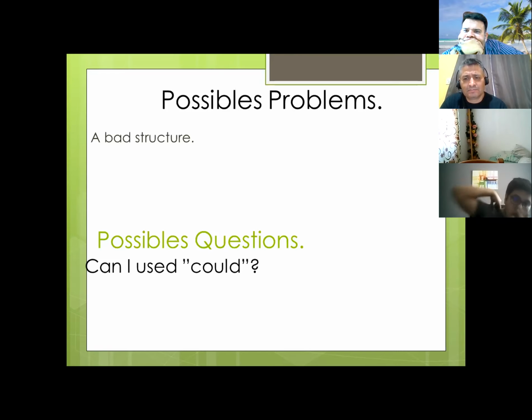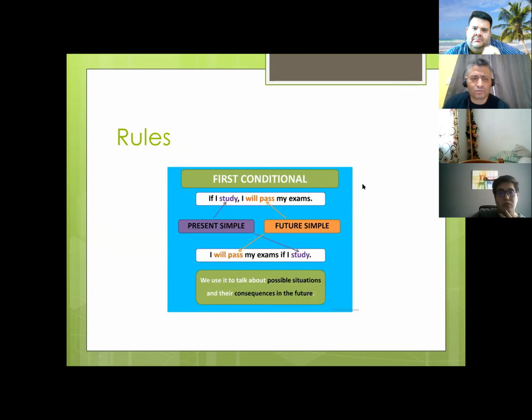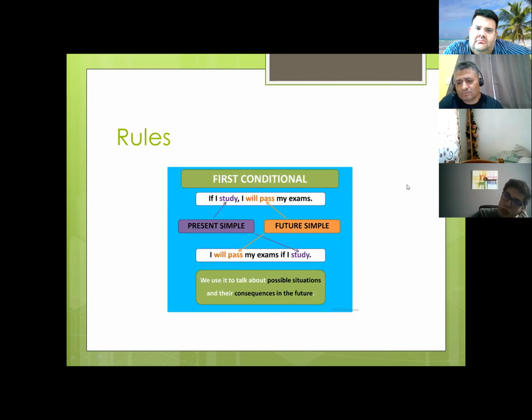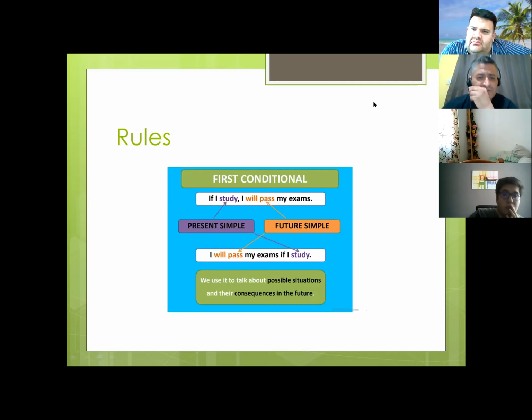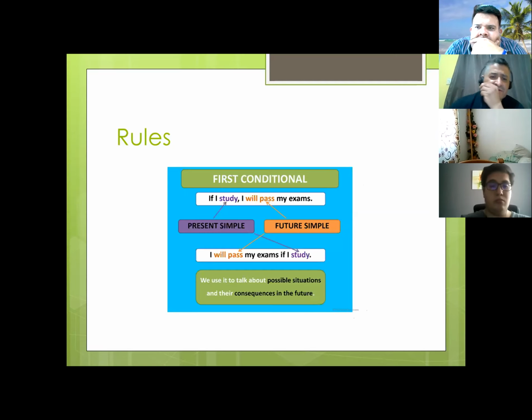Yes? Okay. Rules. Can you help me, Tony, with the rules? Okay, please. Well, talking about the rules for the first conditional, here we go, some examples. Okay, the first one, if I study, I will pass the exam. Okay, we have the structure: if plus the personal noun, in this case, I, and then the verb and the complement.